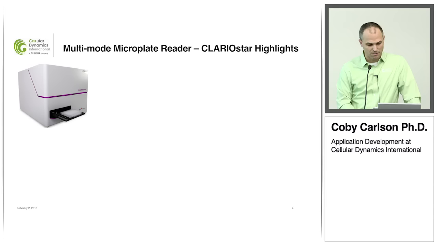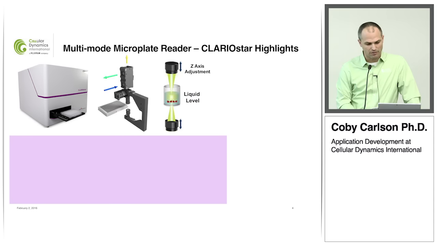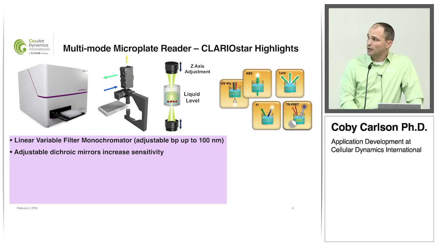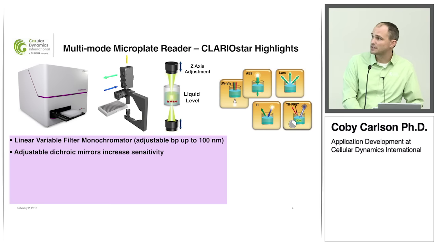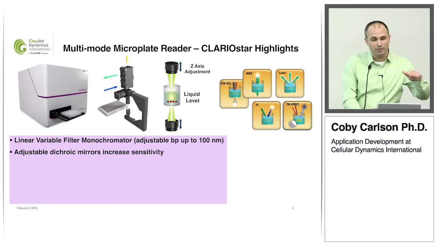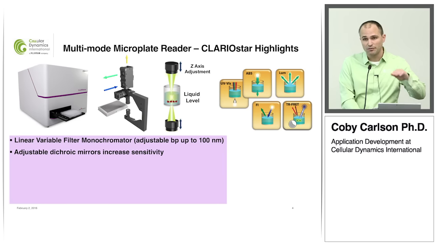I'm just going to click through some of the highlights and skip the animation. This is a monochromator-based instrument with unique features that allow you to tune the wavelength you're looking at down to a very precise number, exactly what you want. It's a very sensitive instrument with adjustable dichroic mirrors. You can read from the top or the bottom, and focus right in on the cells at the bottom of your plate.